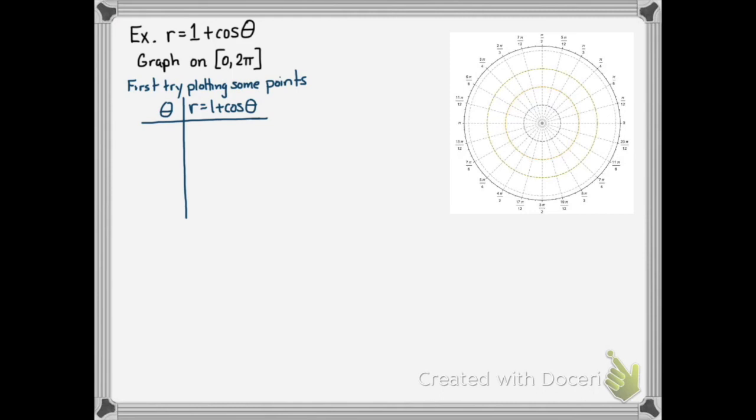So let's start with an angle of 0. We plug 0 into our function and end up with r equals 1 plus cosine of 0, and cosine of 0 is 1, so we have 1 plus 1 equals 2.